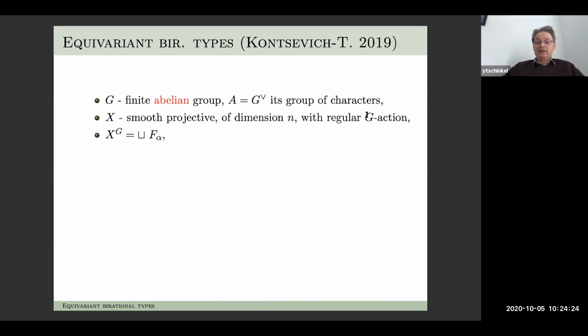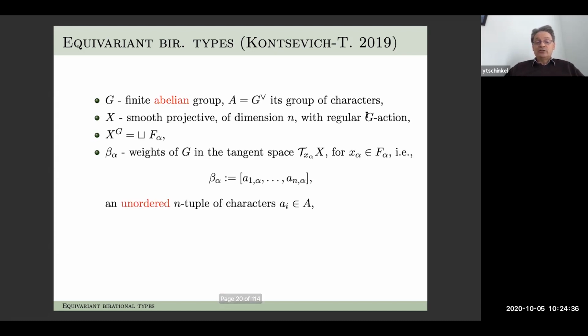Let A be the group of characters. Let X be a smooth projective n-dimensional variety with a regular G action. Look at the fixed point locus, so could be isolated fixed points or some strata. And now look at the weights of G in the tangent space at some point x alpha in F alpha.